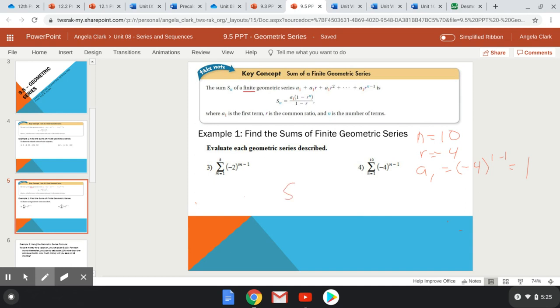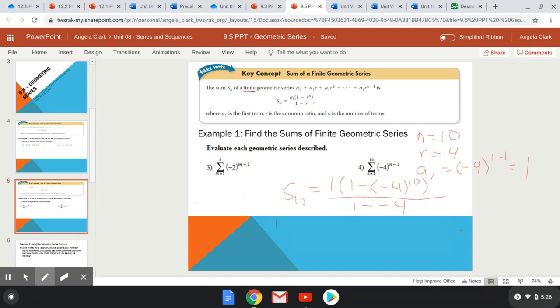We have S10 equals 1, that's our first term, times 1 minus negative 4 to the 10th power over 1 minus negative 4. Negative 4 to the 10th power is going to be positive because it's an even power, and that's a really big number.